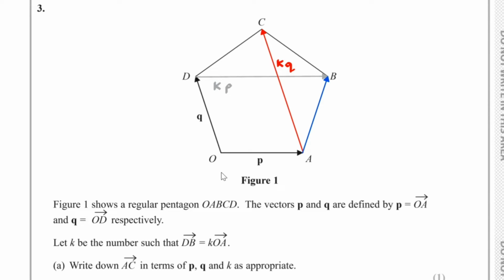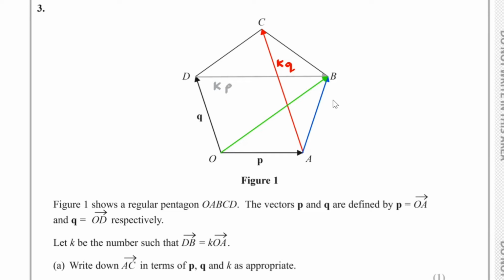Or I could also find out the vector OB, which is opposite the CD, and then we could use the idea that this side is K times smaller than this side here. So if I find out what AB is, I can find out what OB is somehow, maybe.